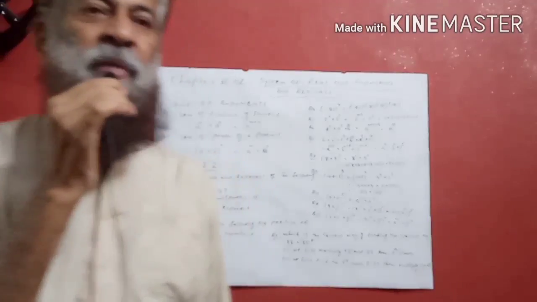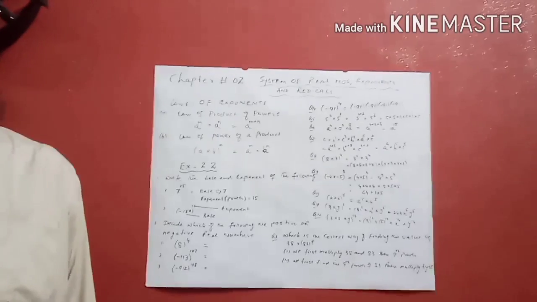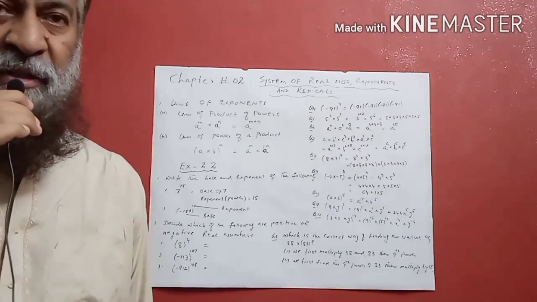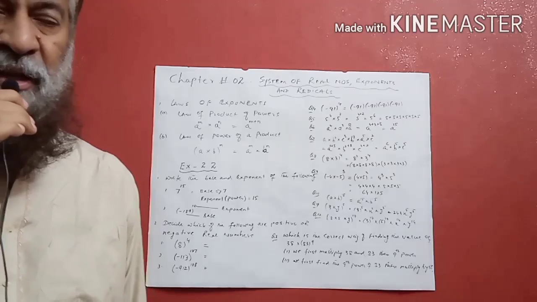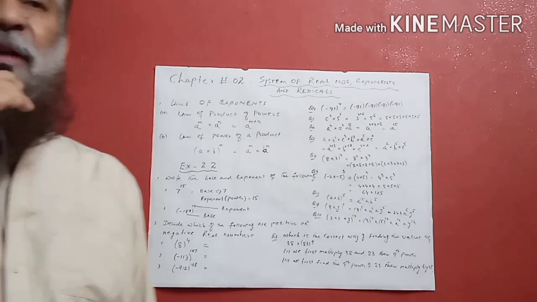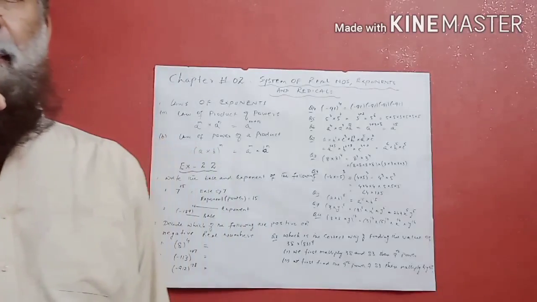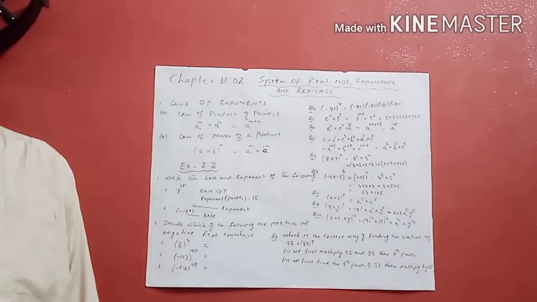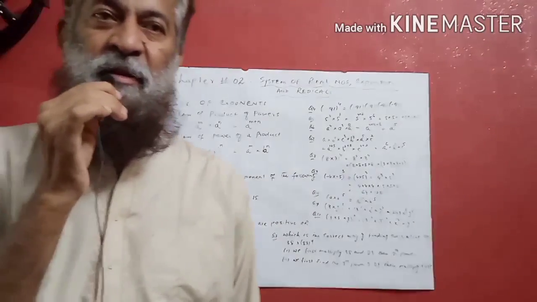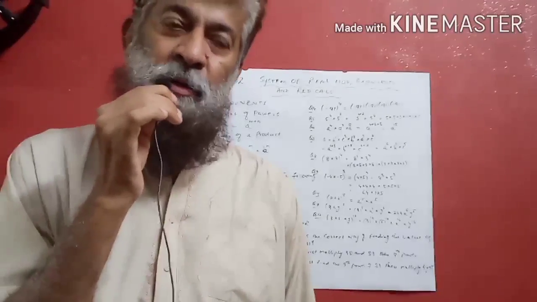A rational number has recurring decimal fractions. For example, 2 upon 3 means 0.66666, where 6 recurs. A number with a non-recurring decimal fraction is an irrational number.